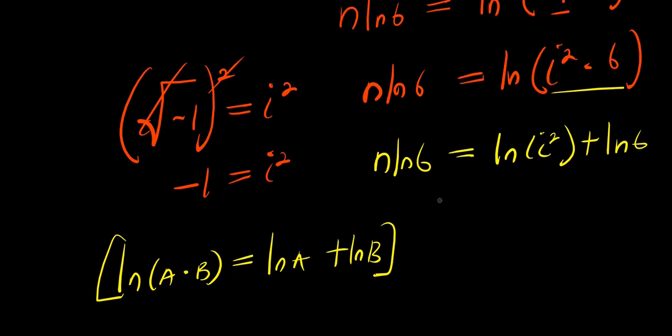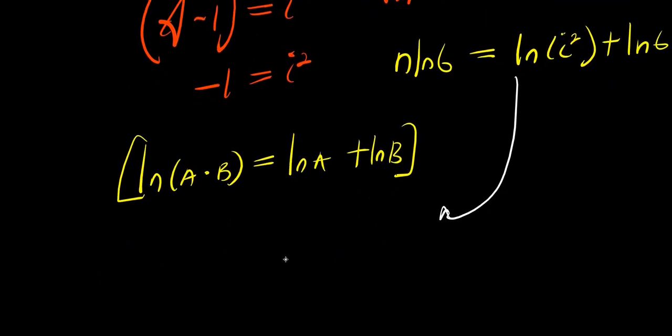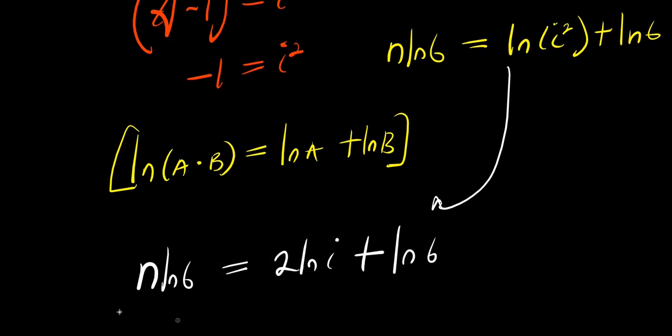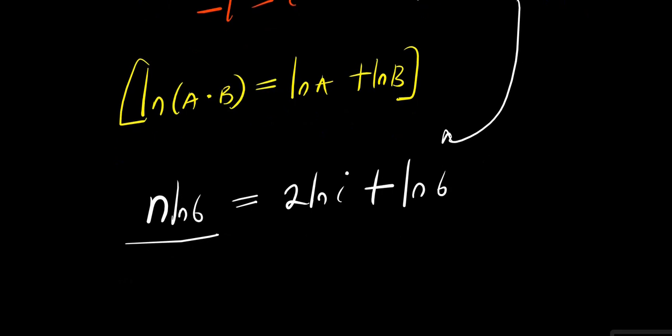And natural log a power b is b times natural log a, so this will give us n times natural log 6 equals 2 times natural log I plus natural log 6. I divide this by natural log 6. I divide this by natural log 6.